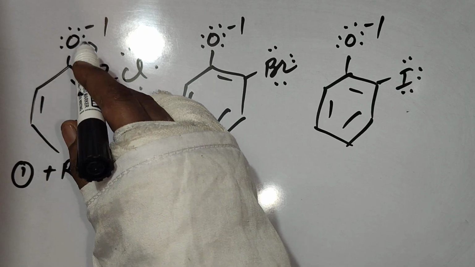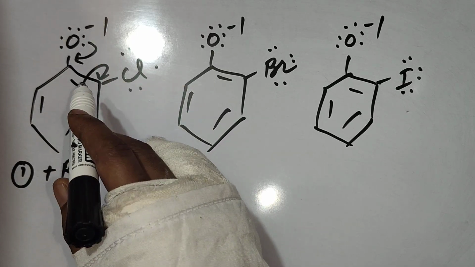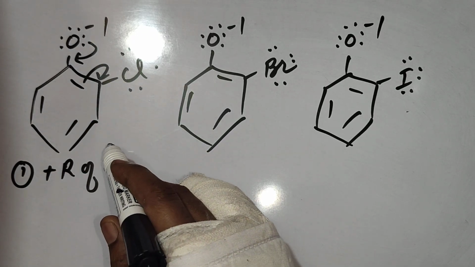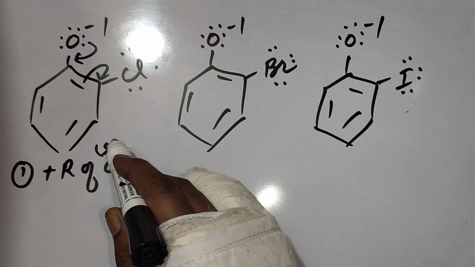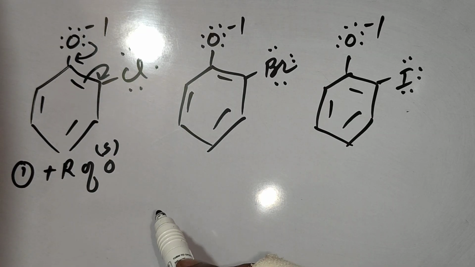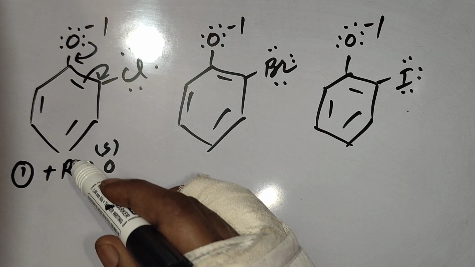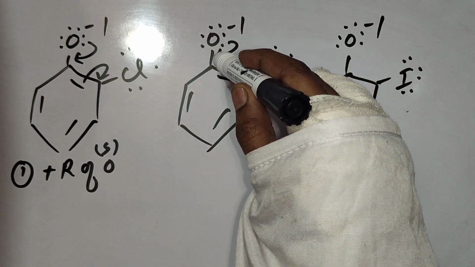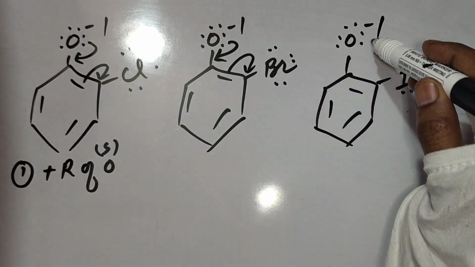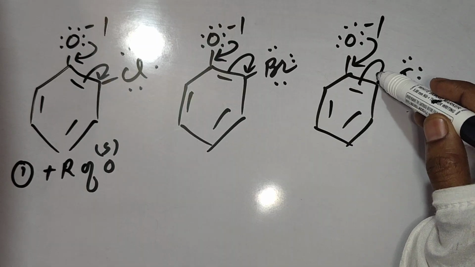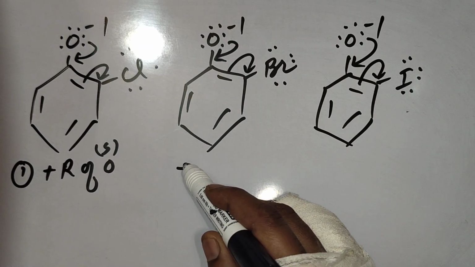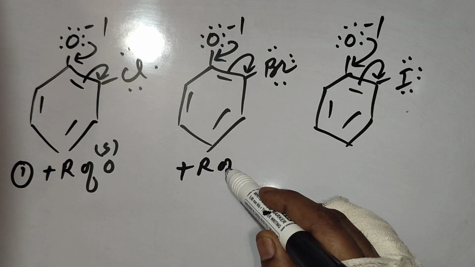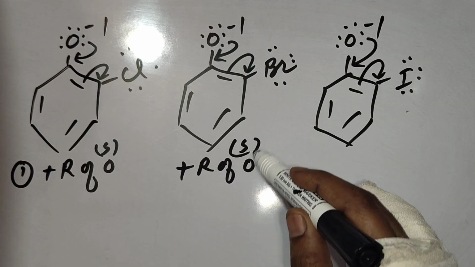Due to this plus R of O, the negative charge of oxygen will decrease, as you know. So it is a stabilizing factor. I will write here S. S means stabilizing factor. It is decreasing the negative charge, so this factor is making it stable. Same here, it is available. So in all cases, we have a plus R of O, which is a stabilizing factor.